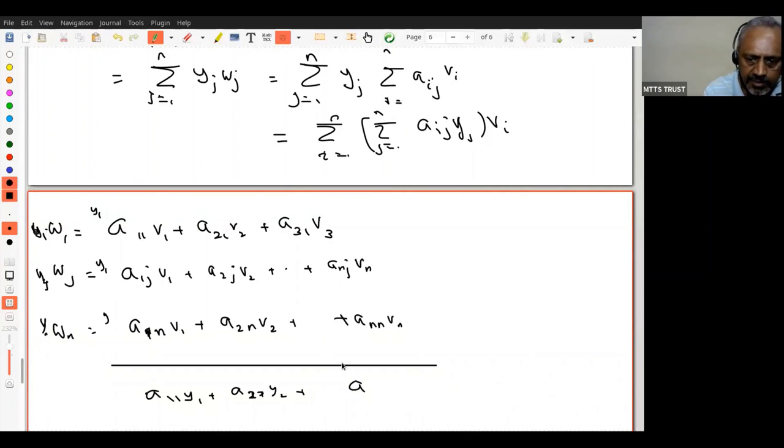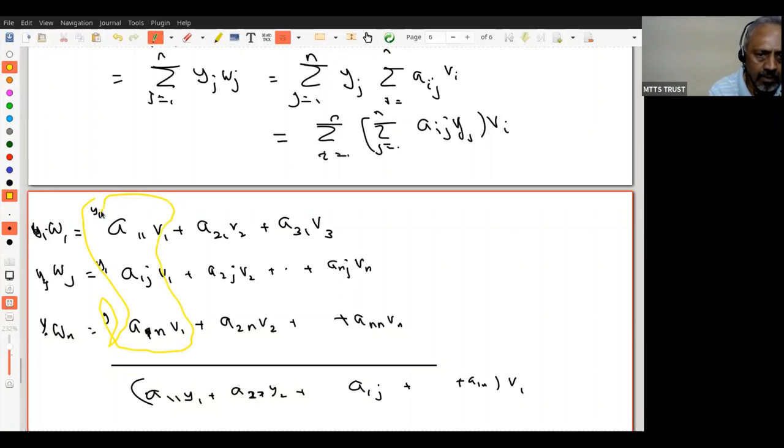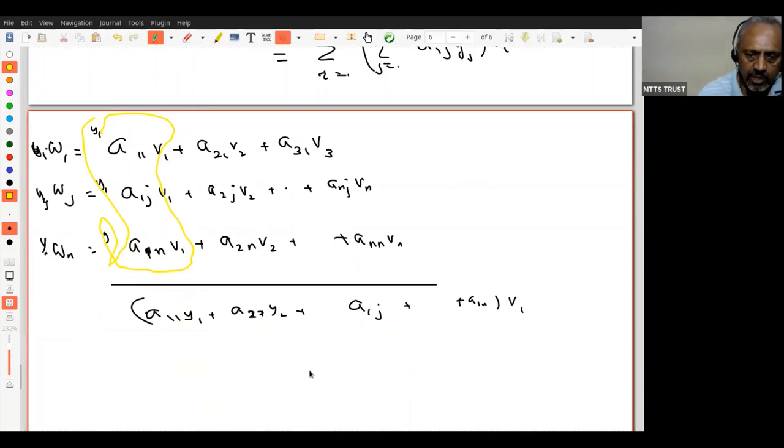So what is this going to be? It is a1j plus a1n times v1. I'm adding only these things, the first column. So how will I write this in shorthand notation? This will be the coefficient of v1.